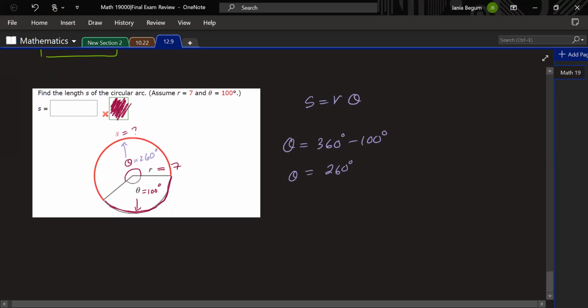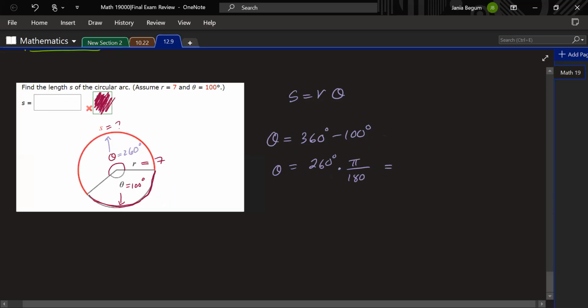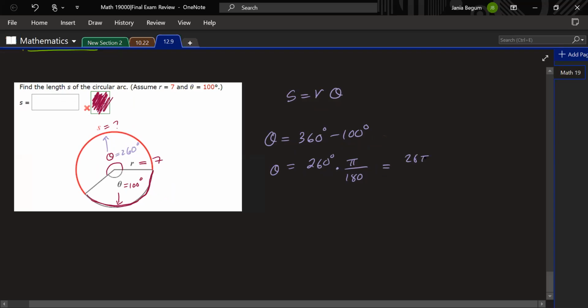We cannot do this without converting. So what is this in radians? We multiply by pi over 180 and simplify the numbers, so we have 26 pi over 18. Let's keep it as 26 pi over 18. You can simplify further, but for now I'll leave it here.